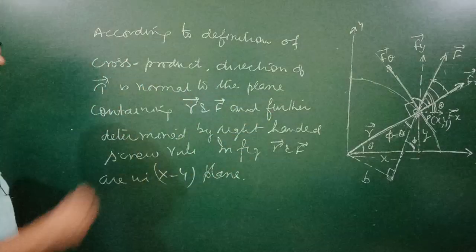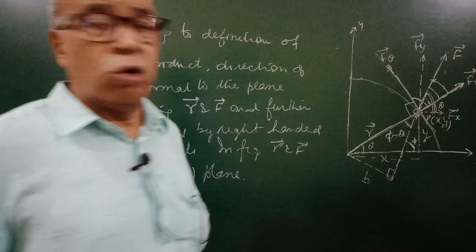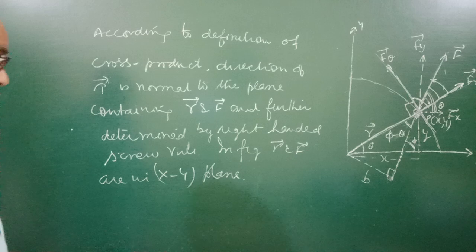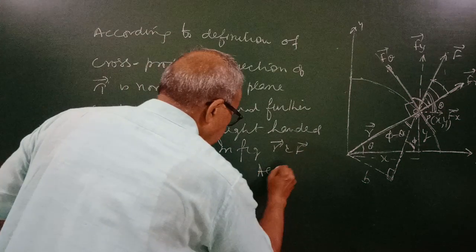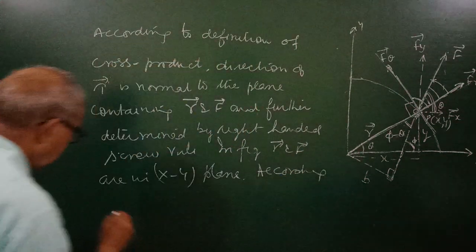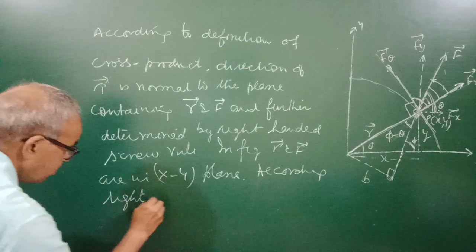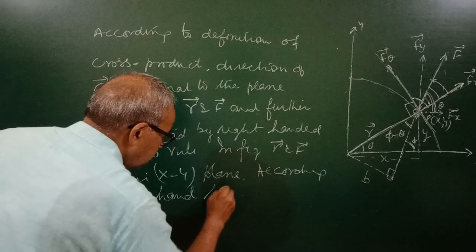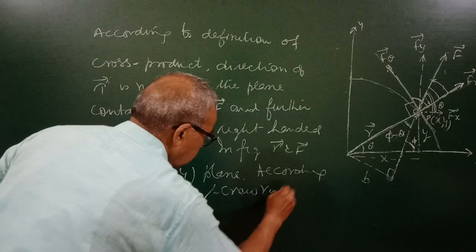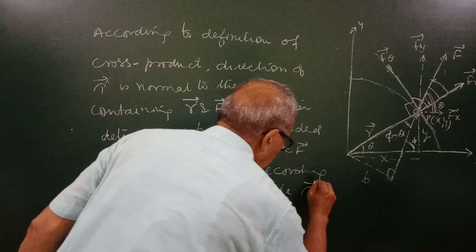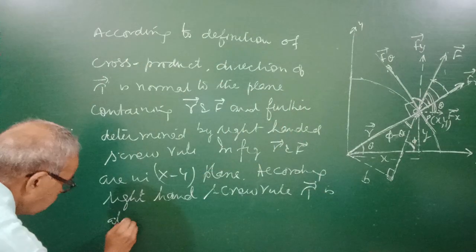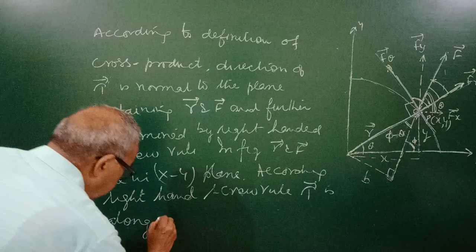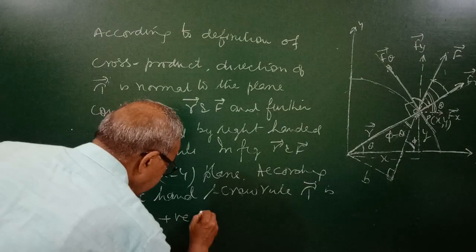Look at the figure: XY plane means it is the plane of the board. The plane of the board is the XY plane here, and therefore according to the right-handed screw rule, vector torque is along the positive Z direction.